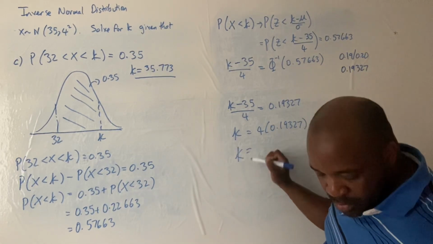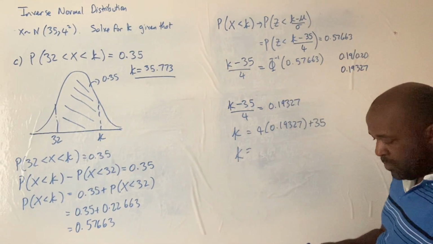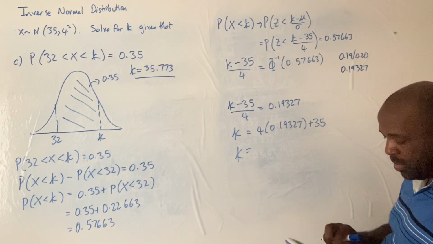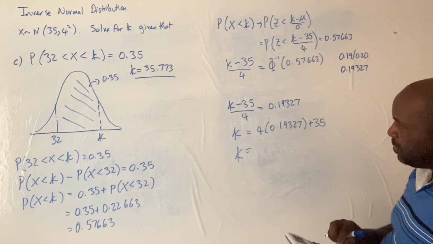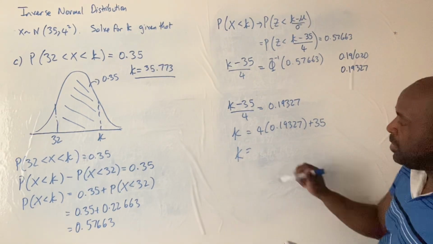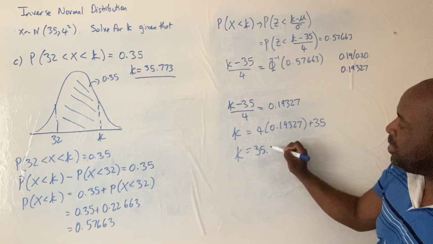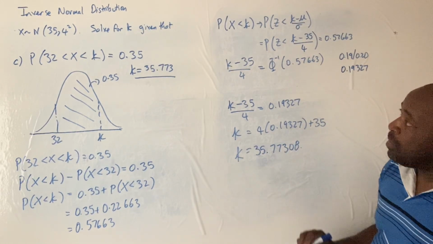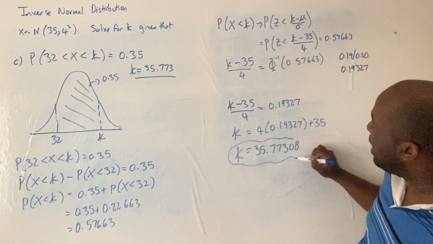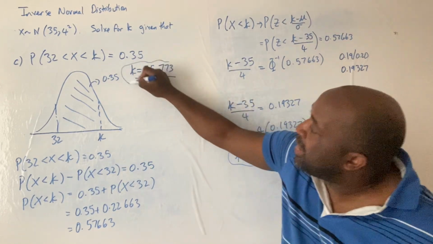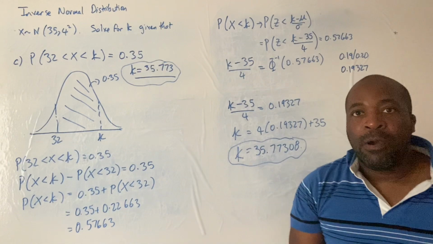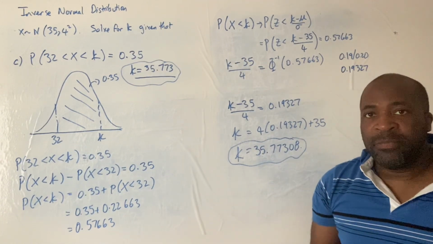When we work that out, 4 times 0.19327 plus 35 gives us 35.77308. And that compares favorably with the answer that we had from before. All right, so that concludes this presentation.